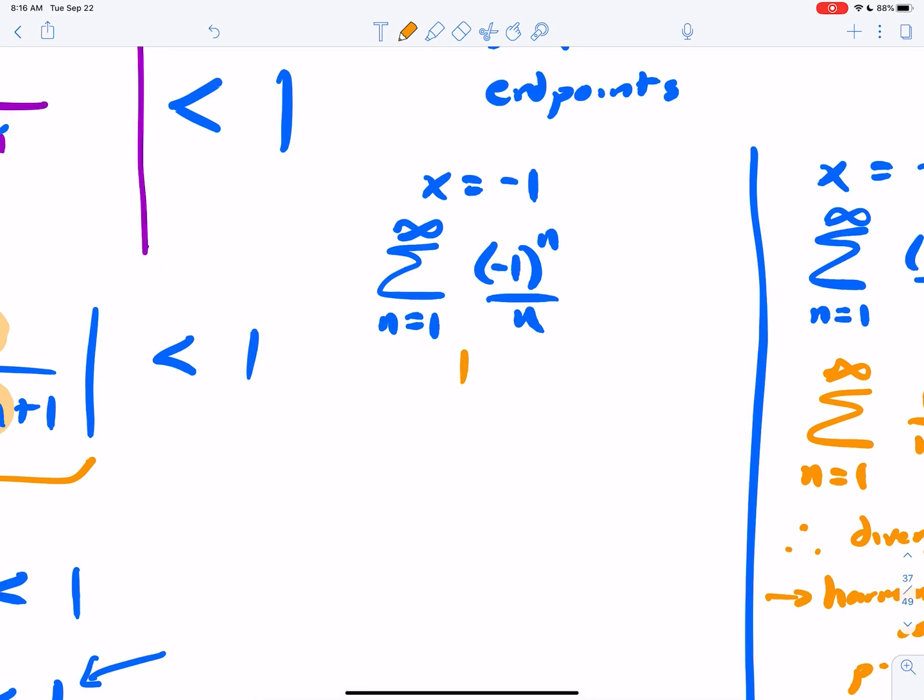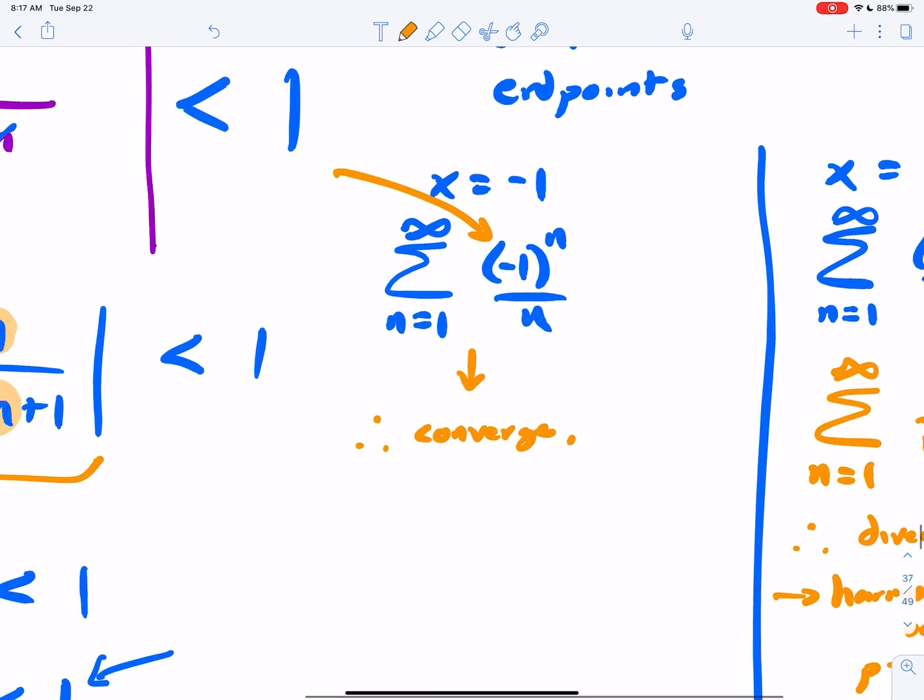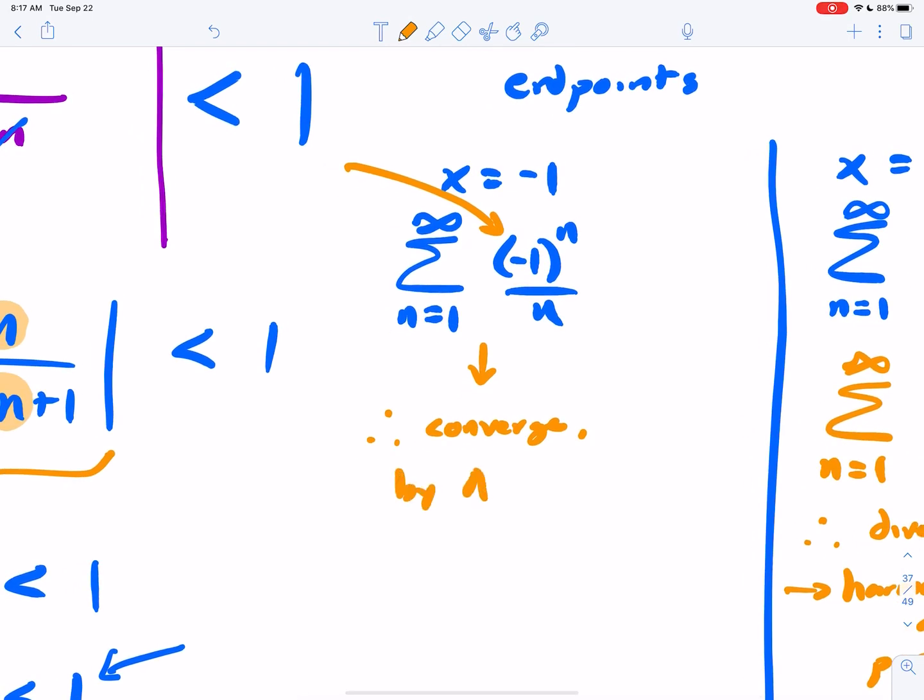So you should have said that this will converge for either of 2 reasons. You could have run the alternating series test because you have an alternating piece right here. You would obviously have to show your work there. So we would take the limit of everything except that alternating piece.